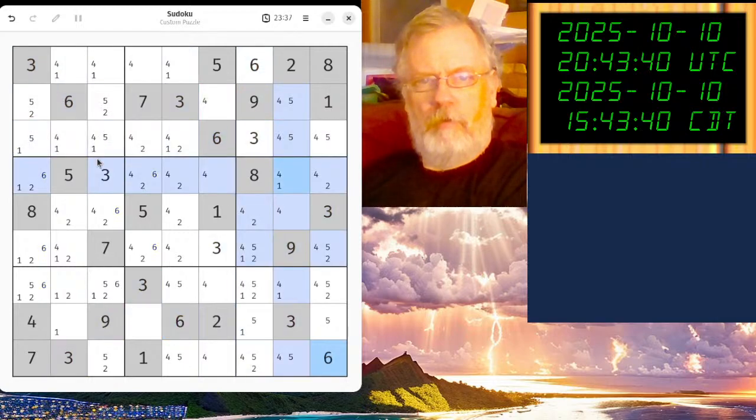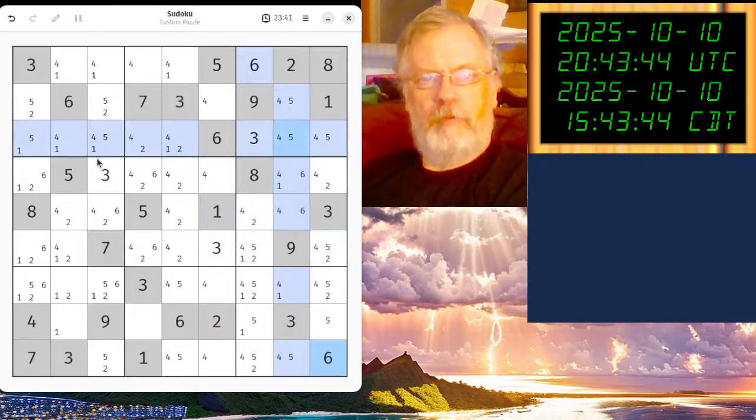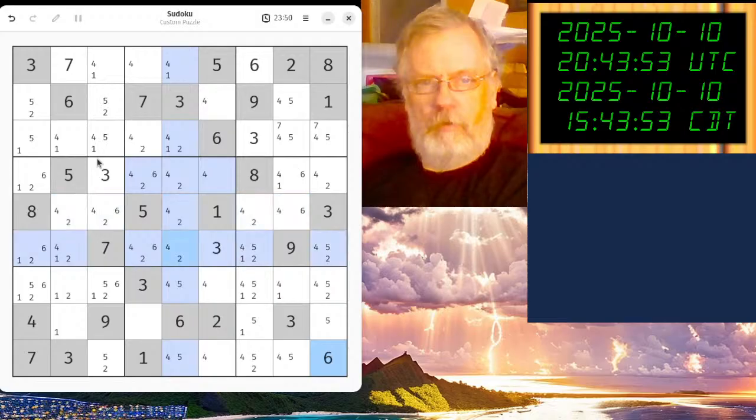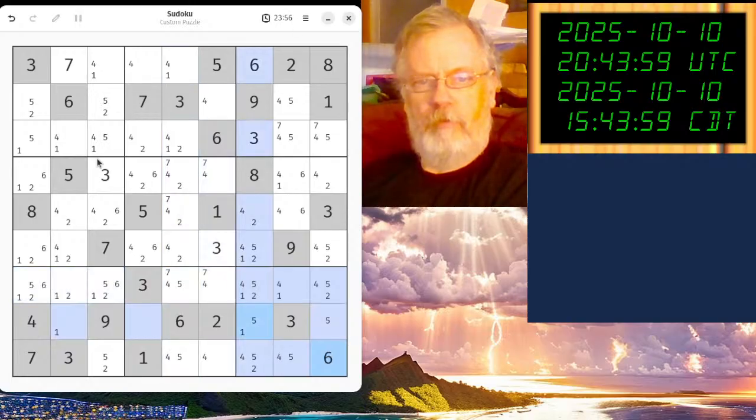Give me 2 possibilities down here. On to sevens. I've got two possible sevens here. They solve or fill for a 7 there. Three possible sevens here. Two here. Two here.